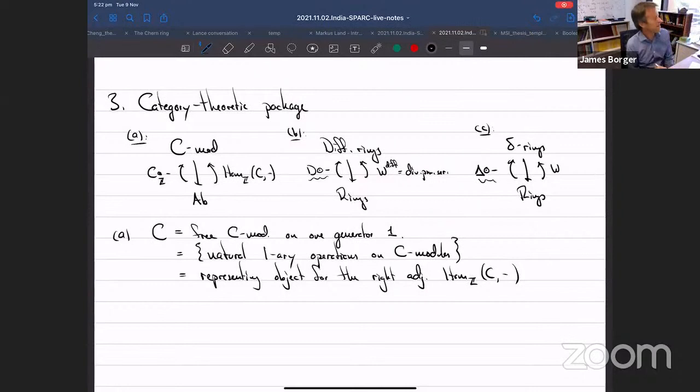I don't know if you took endomorphisms of the forgetful functor to sets, I still think you would get the same answer. You could say the natural linear one-ary operations, that would be endomorphisms of the forgetful functor to abelian groups, or you could just say all natural one-ary operations. I'm sorry, it's been a while since I thought about this, but I think you get the same answer.